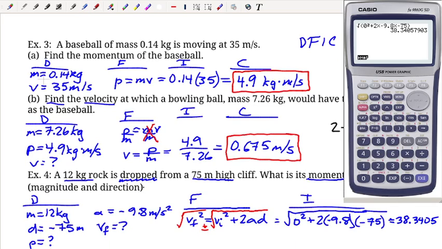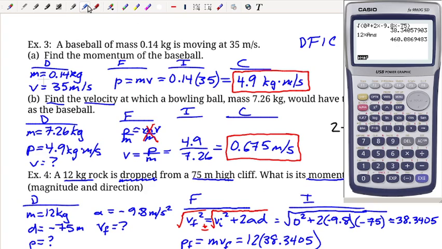So next, I'm going to do my momentum calculation using V final. So my momentum on impact, final, equals m V final. My mass was 12 times 38.3405. And on my calculator, I'm not actually even going to type in this number. I'm going to go 12 times second answer. So I'm pulling all the decimals. I'm not even going to round at all. So that gives me an unrounded number, and then I can take that number and use that.